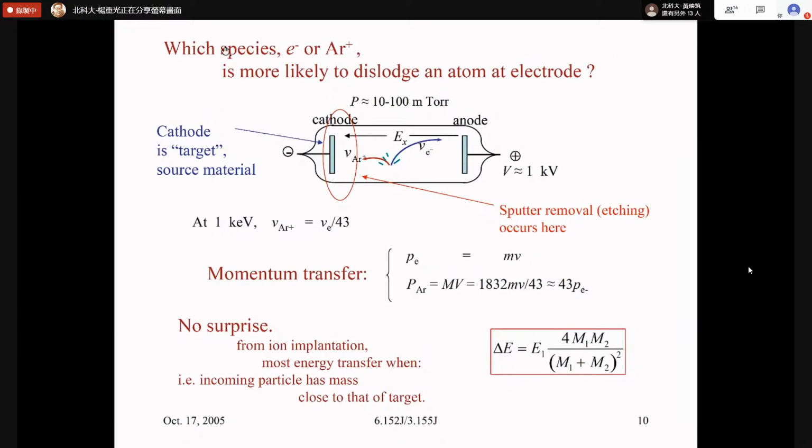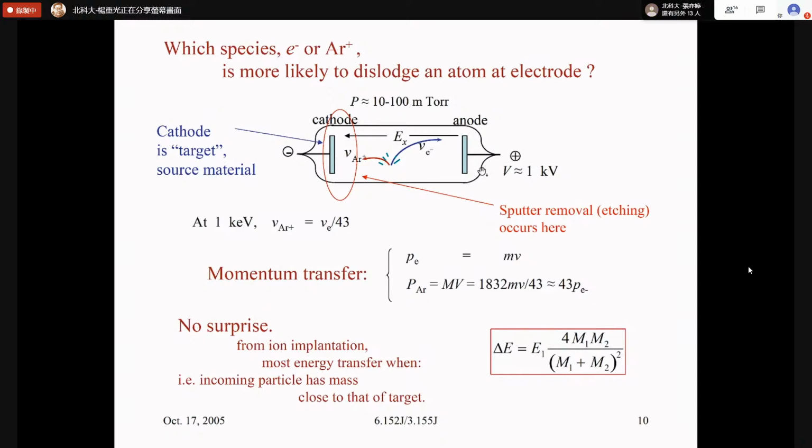So which species, electron or argon ion, is more likely to dislodge an atom at the electrode? This is a cathode, and the cathode is the target for the source material.